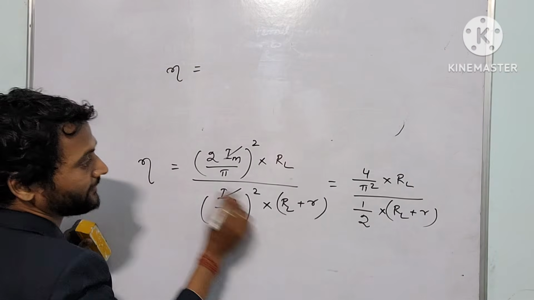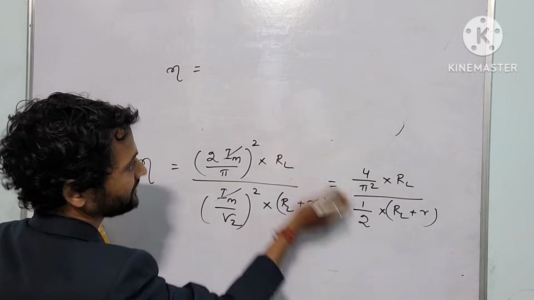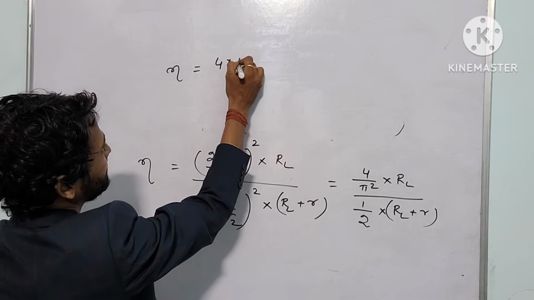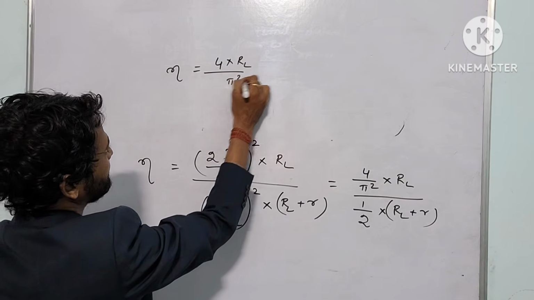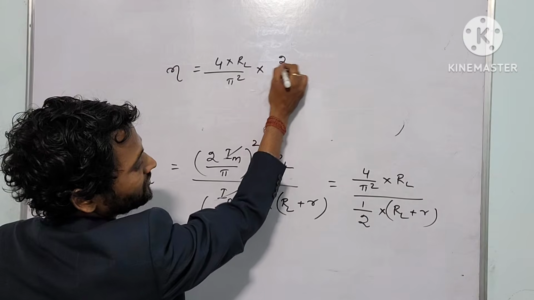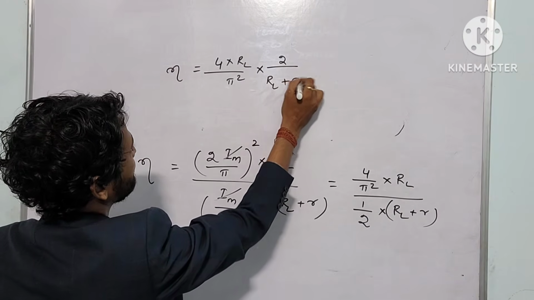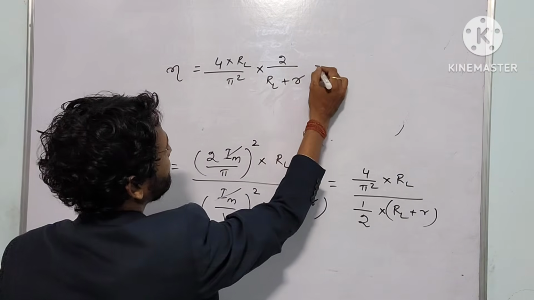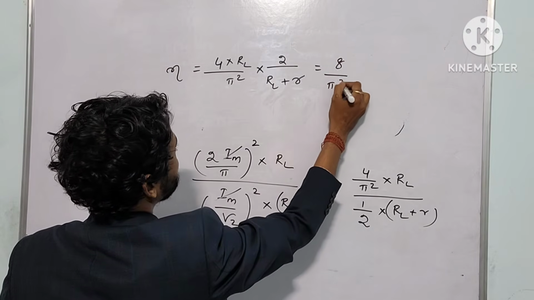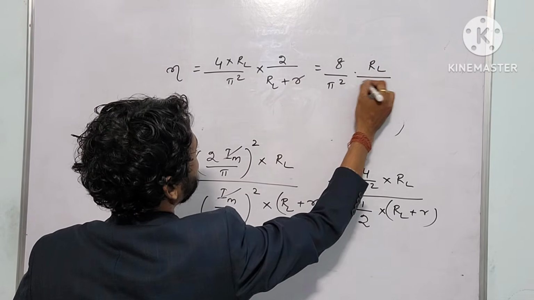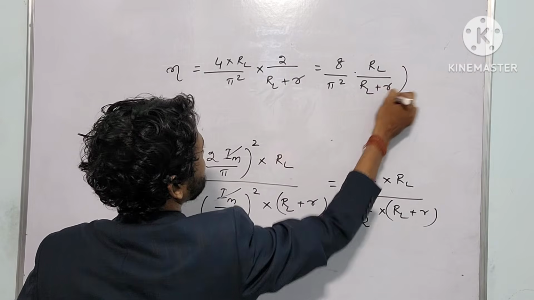So efficiency will be, I think, 4 into RL by pi square into 2 by RL plus small r. Okay, 2 and 4 is 8, so it will be 8 by pi square into RL by RL plus small r.